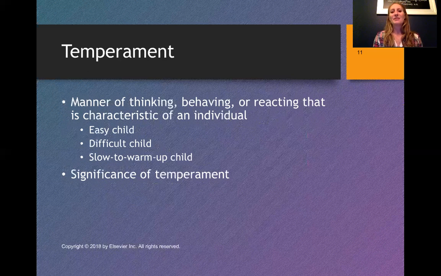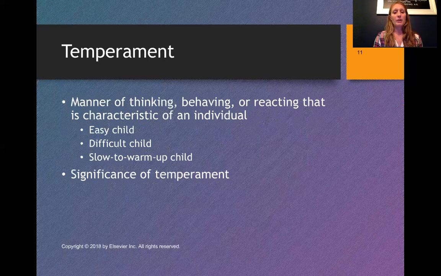And then we have the difficult child. And the difficult child is going to cry a lot. They're very irritable. They're very opinionated about everything. So they don't like change. It takes them a long time to adapt to change. They have a lot of irregularity in their own schedule, whereas the easy child has a very regular schedule that they're able to anticipate and maintain, and the difficult child is not able to maintain that schedule.